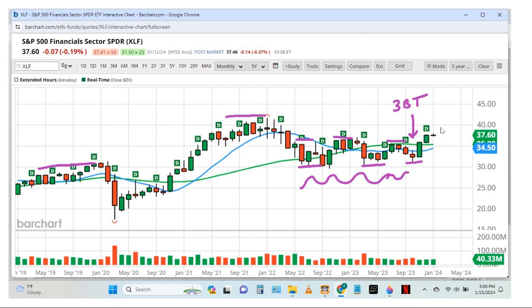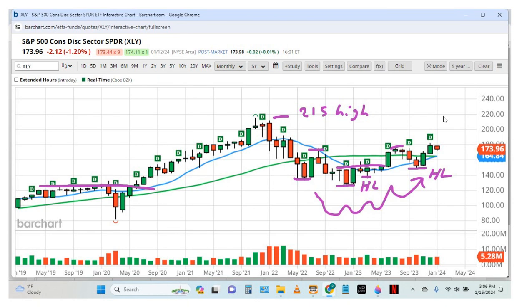So I would expect financials to continue to perform as long as earnings come in as expected or better than expected. We're going to be entering bank earnings season, or financial earnings season, here coming up. So that will be a big what if. Big question mark as to what happens with earnings and these financial companies. But right now it looks kind of bullish to me.